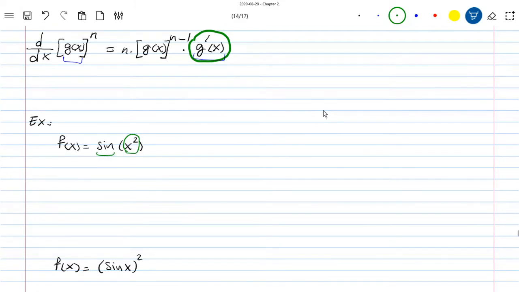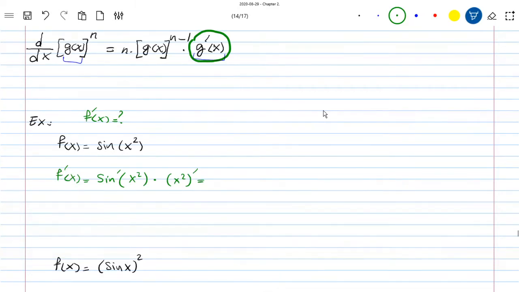So here, if I want to take the derivative, we want to find out what is f prime x in all these questions. To find the f prime, you say the derivative of the outside operating on the x squared still, multiply by the inside derivative.